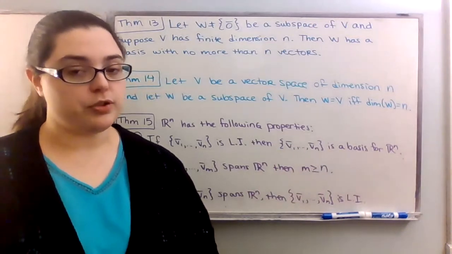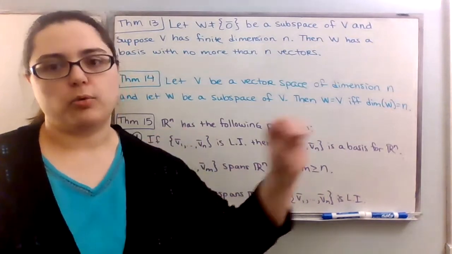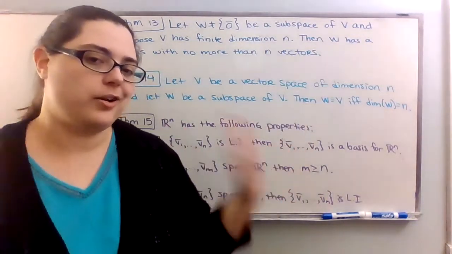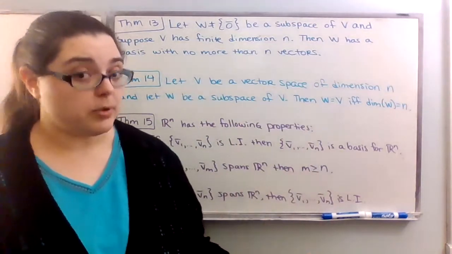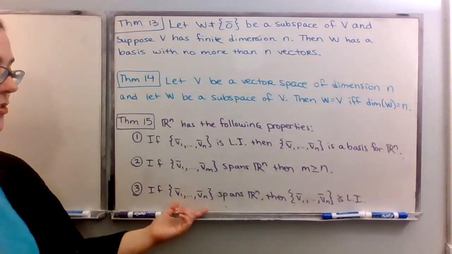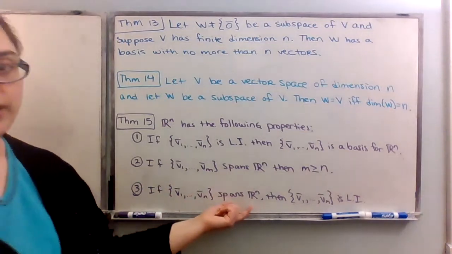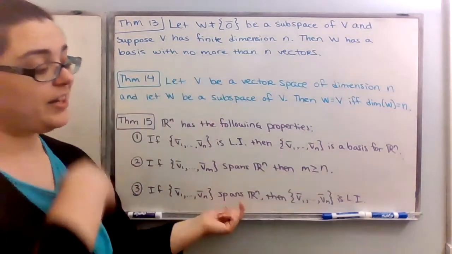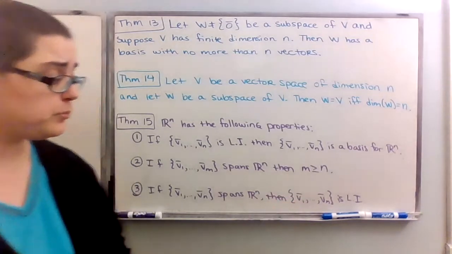That would be a collection of 2 vectors, but it doesn't span all of R2 because the second coordinate was 0 for both of those. So I couldn't get any vector that has a non-zero element there. So it's possible to have a linearly dependent collection of n vectors. But if that collection spans all of Rn, so you get everything, then it is going to be linearly independent because it's going to be a basis.